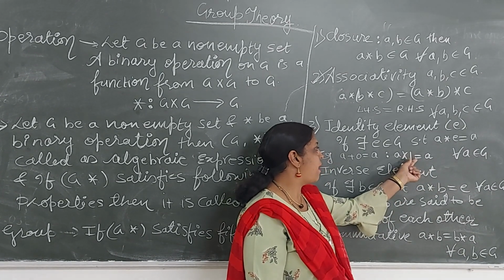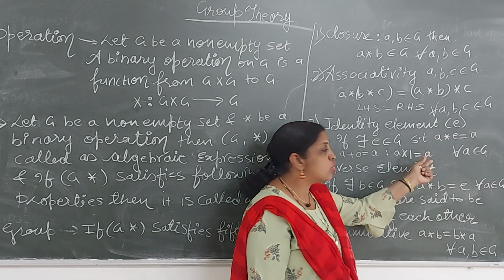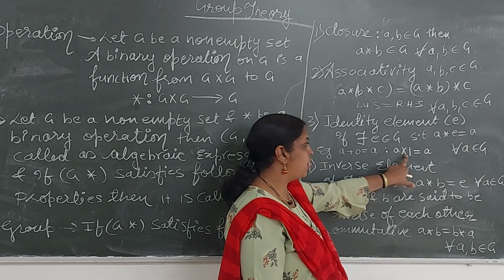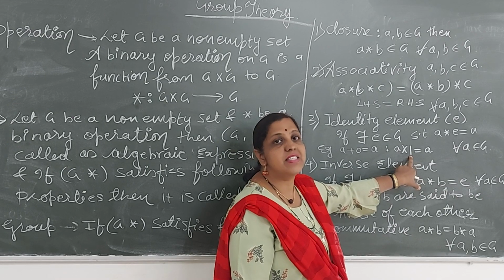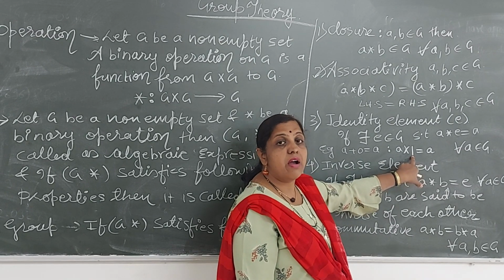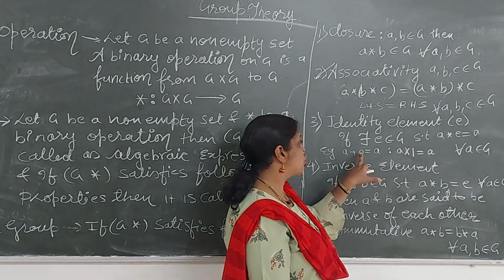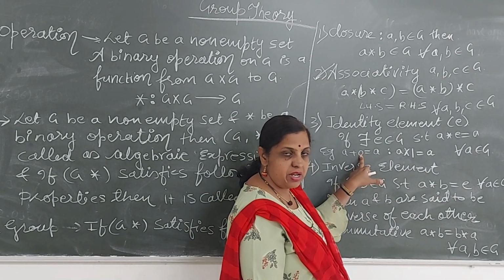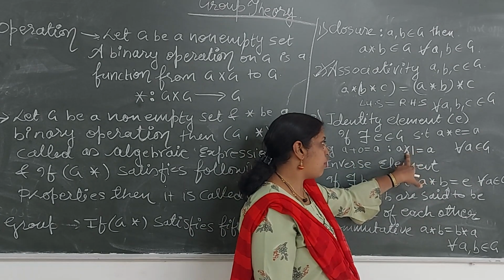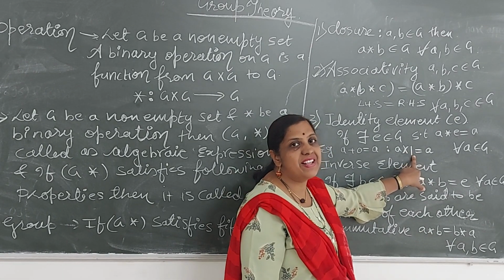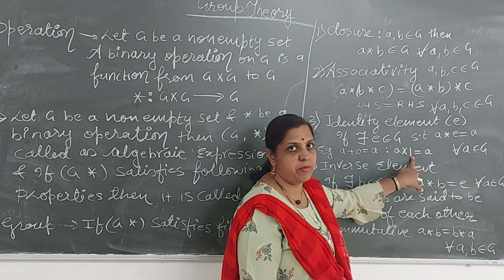Anything multiplied by 1 is itself. So for normal addition, 0 is the identity element, whereas for normal multiplication, 1 is the identity element.